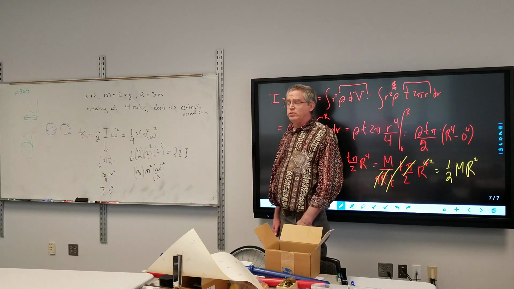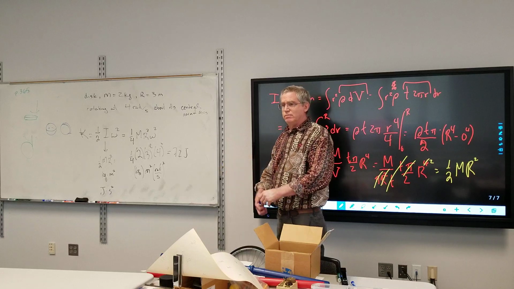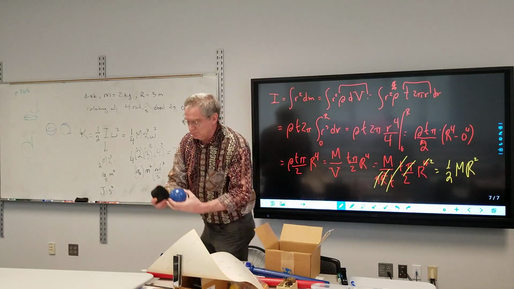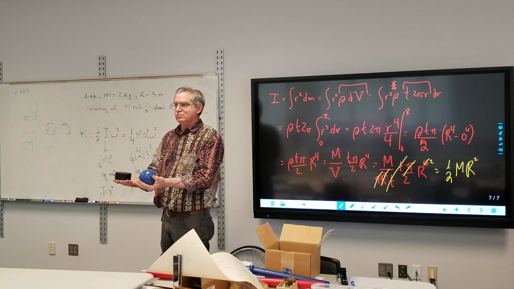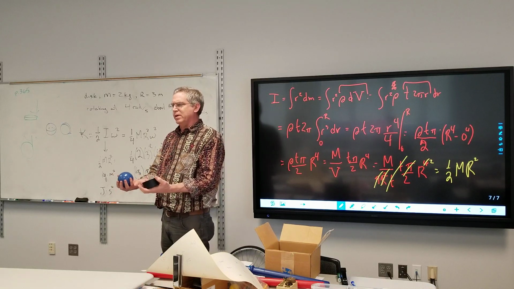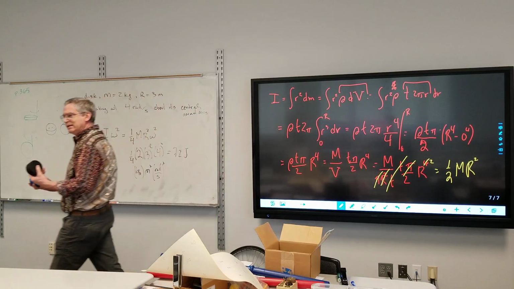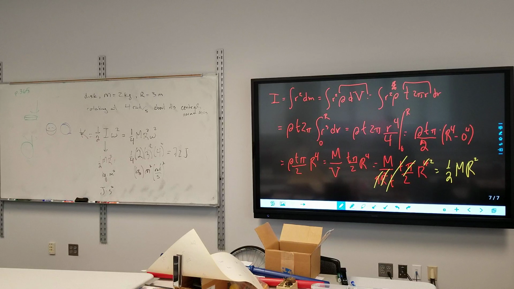All right, so who says the ball's gonna go down first? I think the ball's a little bit heavier. I'm not a particularly good judge of that, but it's not blatantly obvious to me. Which one will get to the bottom first?